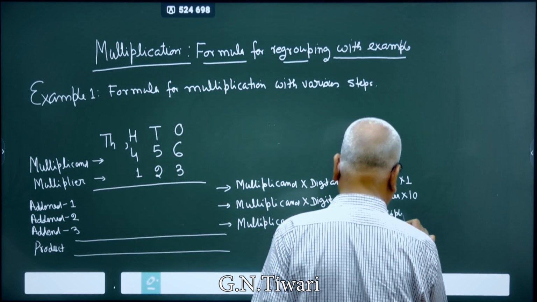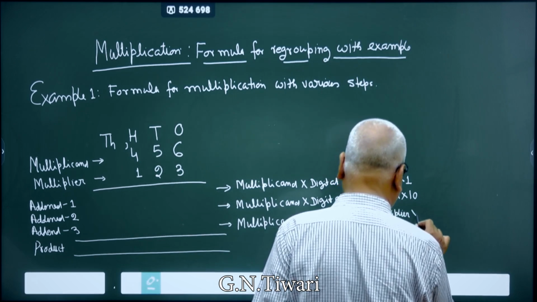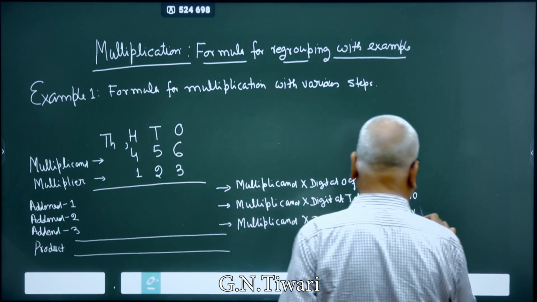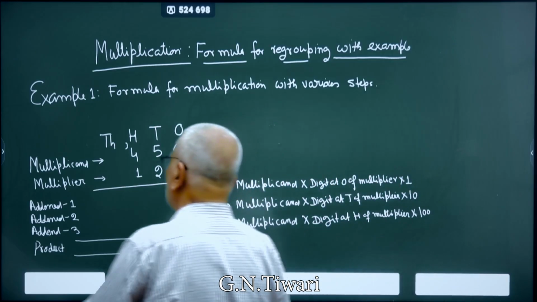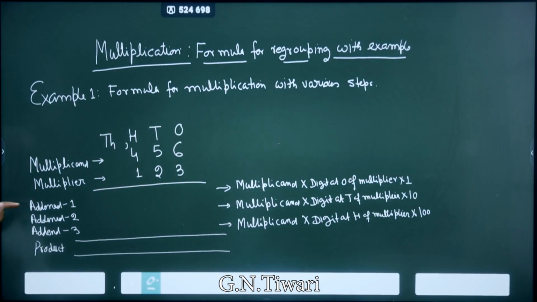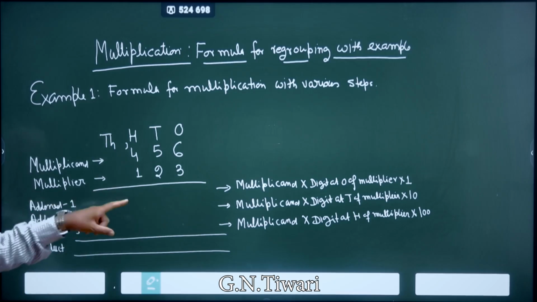Since it is H, it means 100. That is how you are going to get addend 1, addend 2, addend 3. Addend means you have to add all 3 numbers corresponding to addend 1, addend 2, addend 3.